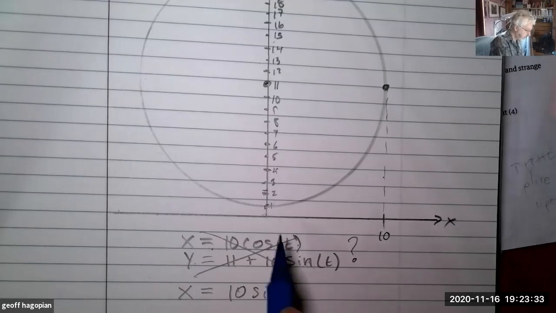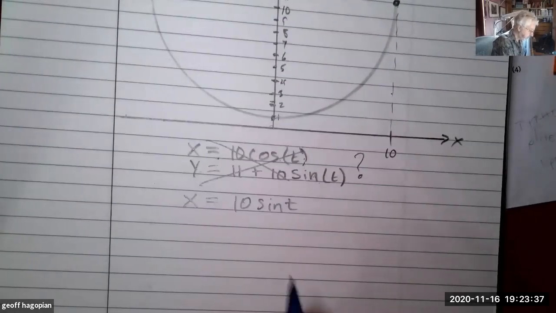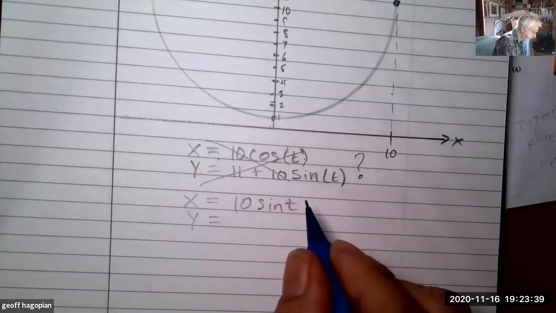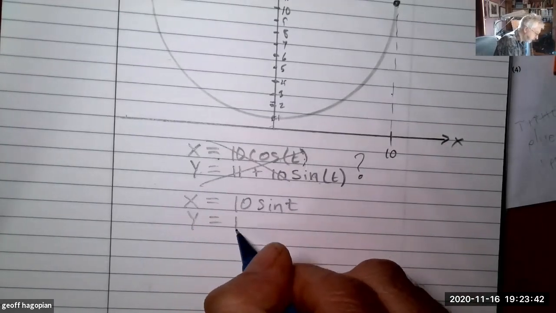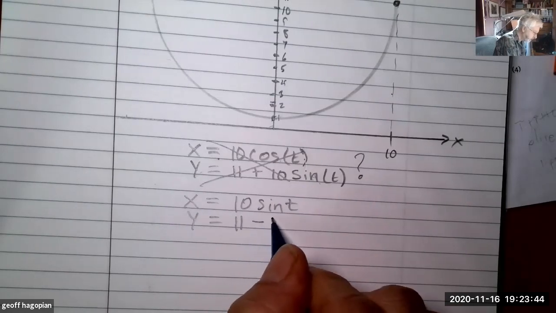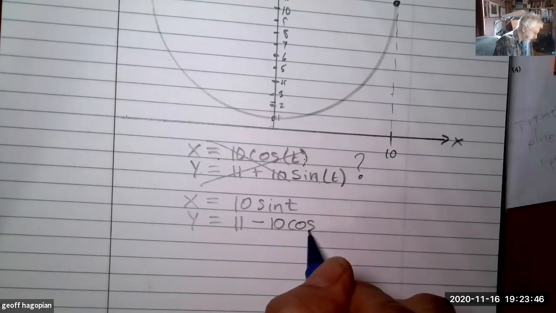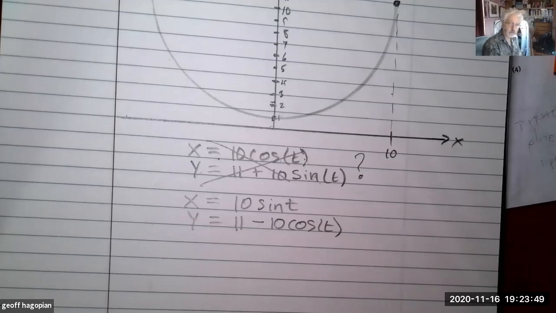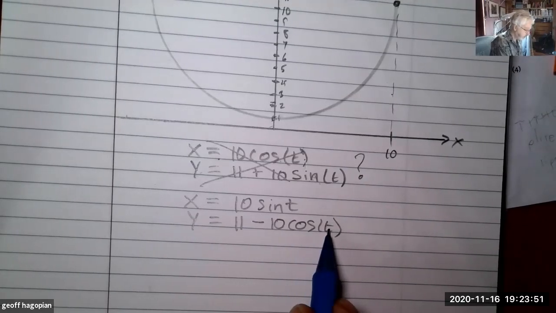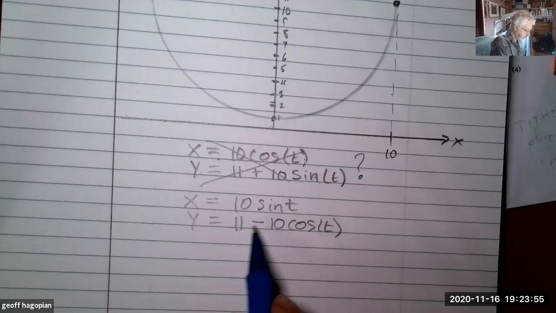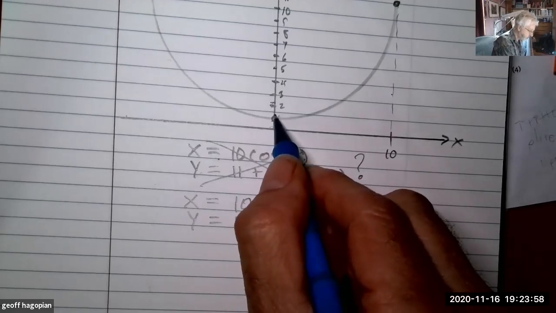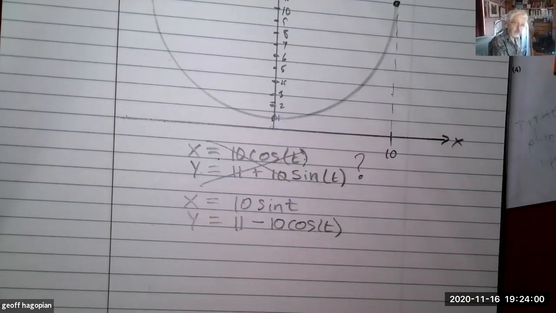When t equals 0, x is 0, we're at the bottom of the Ferris wheel. y is going to be the cosine. So this is going to be 11, but I'm going to put minus 10 times the cosine of t. Do you see why the minus works? Because when t equals 0, cosine of 0 is 1. 11 minus 10 is 1. So we start at this position, the vertical position of y equals 1 meter above the ground. It's where we board the Ferris wheel.